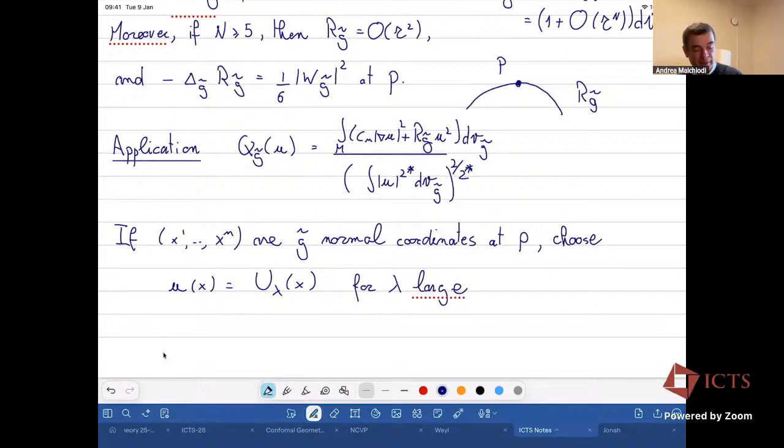So recall that in Rn, u lambda was a function like this, very, very concentrated.